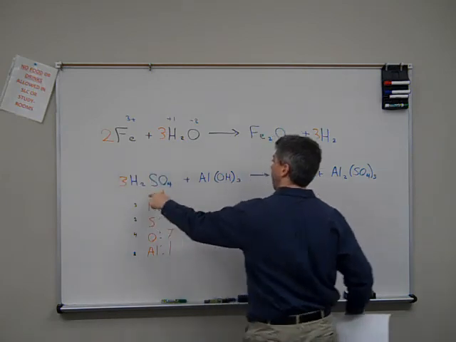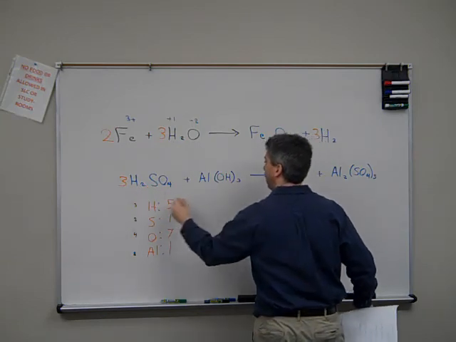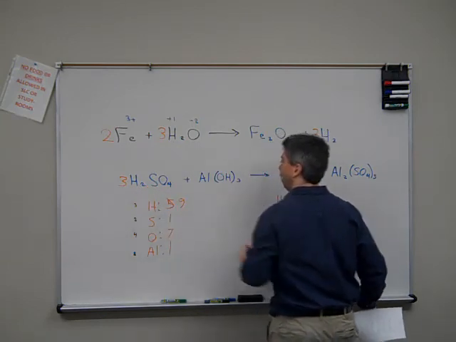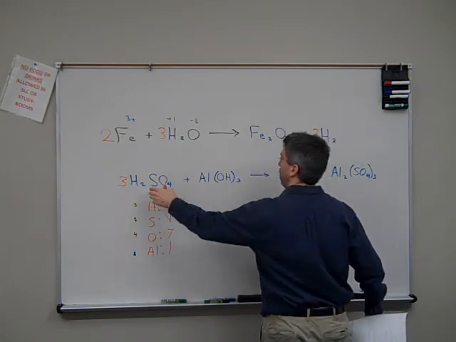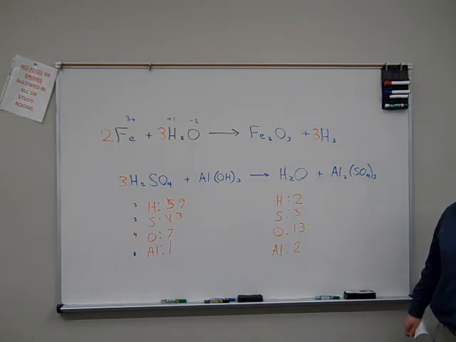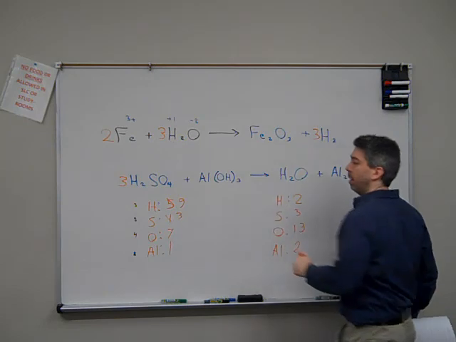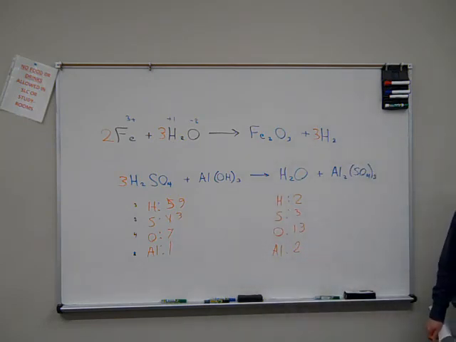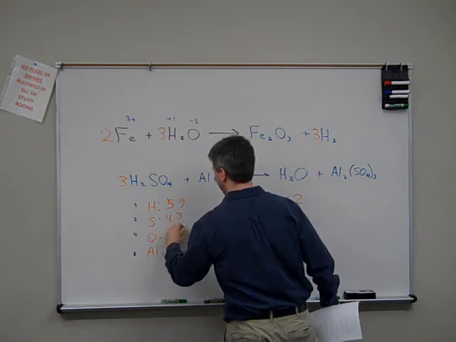So 3 times 2 hydrogens is 6. 6 plus 3, 9. Now how many sulfurs do I have? Just 3, that's an easy one. But then how many oxygens now? 12 plus 3, so that's 15, very good.